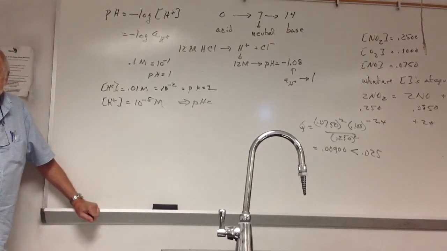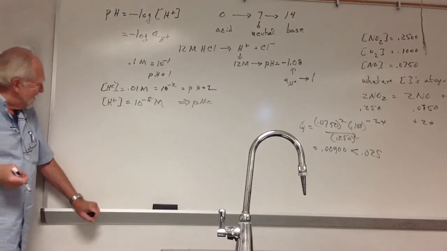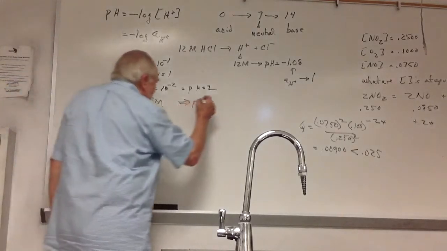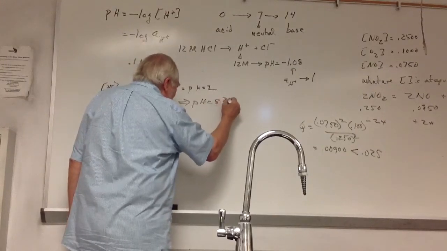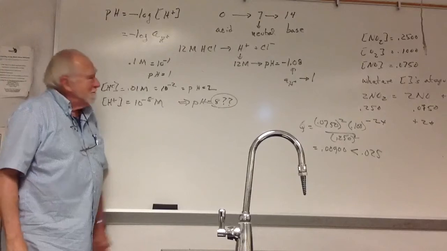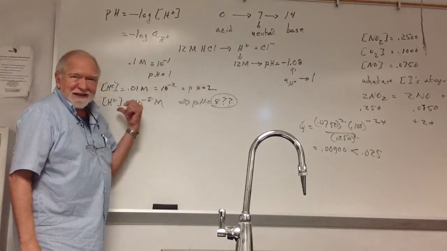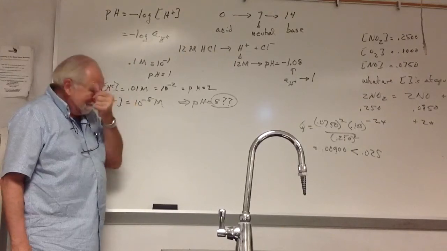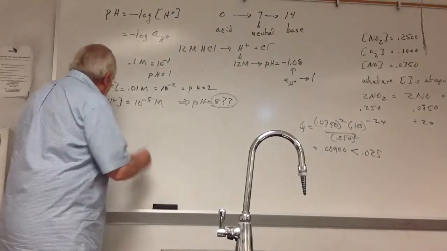What would you say the pH was? 8, somebody said. But pH 8 is basic, and I've got an acid. What happened?